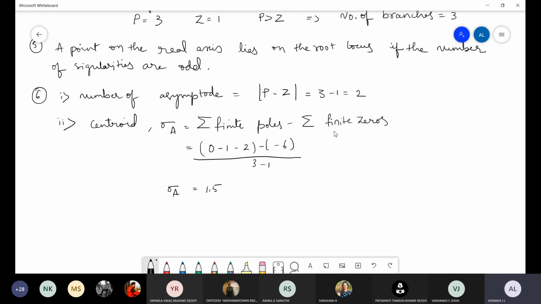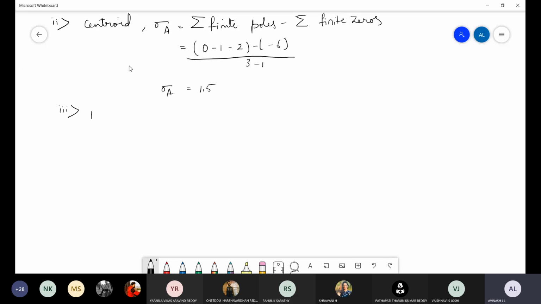So after finding the centroid value, we can go on to find the angle in the sixth step.